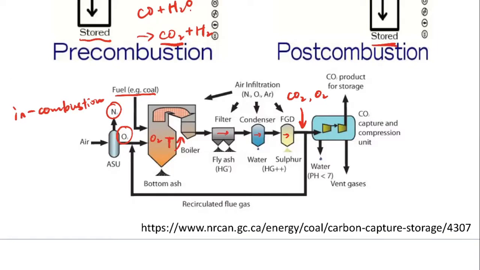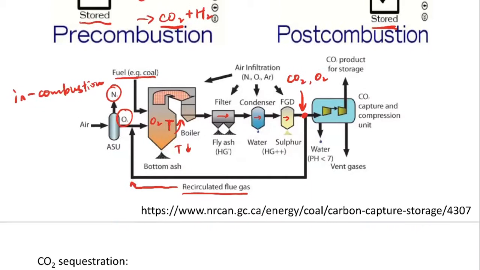So that's why at this point we're going to introduce the flue gas back into the combustor. So carbon dioxide and oxygen go back into the combustor. In this way, the temperature will be lowered. It also has the advantage of concentrating the carbon dioxide. So just think about this recirculation process.